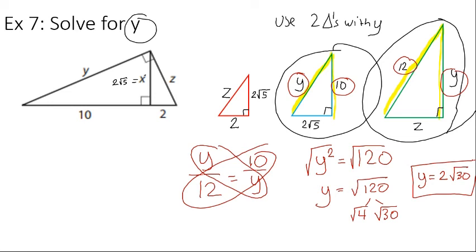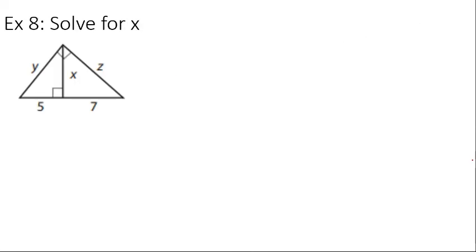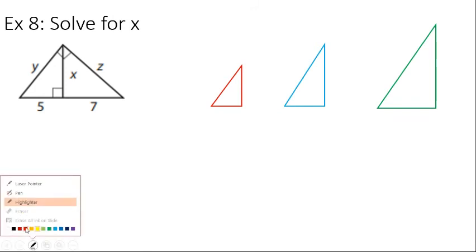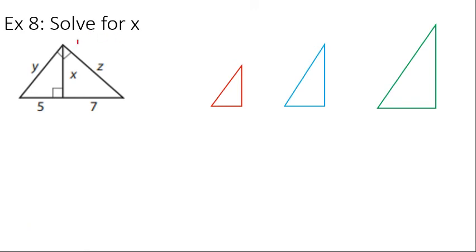So now let's solve for example 8, solve for x. Okay, so again here we have our 3 triangles. So let's figure out which one's which. So my small one will be this one right here. So there's my 90.